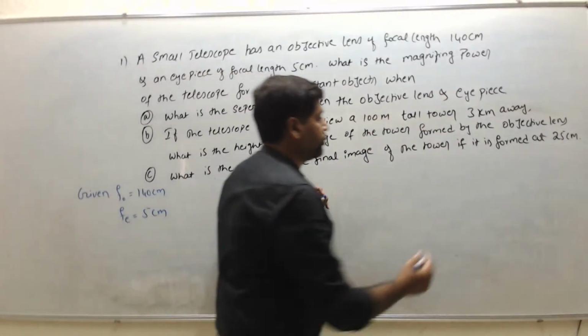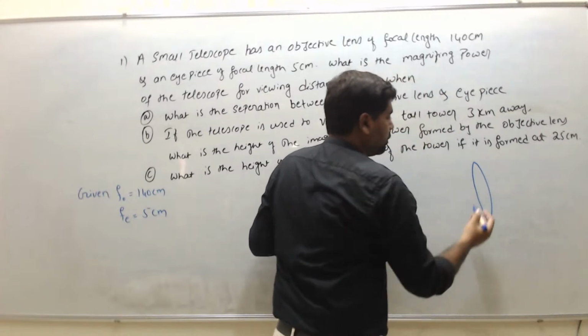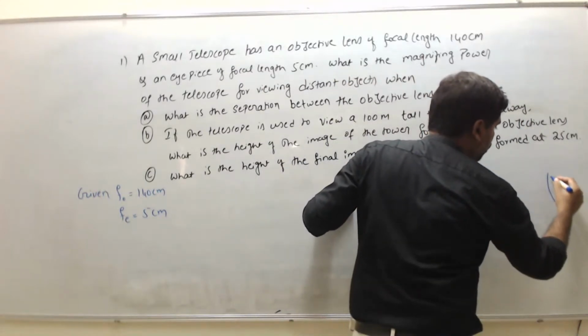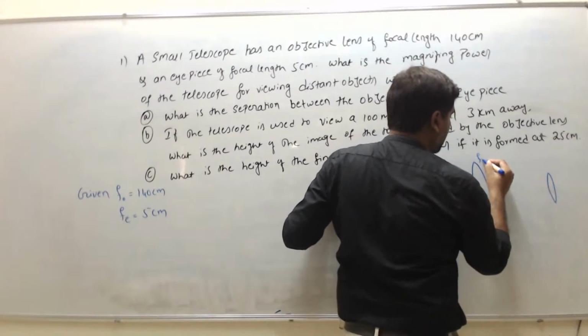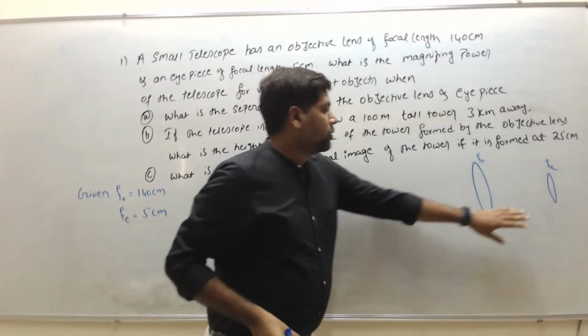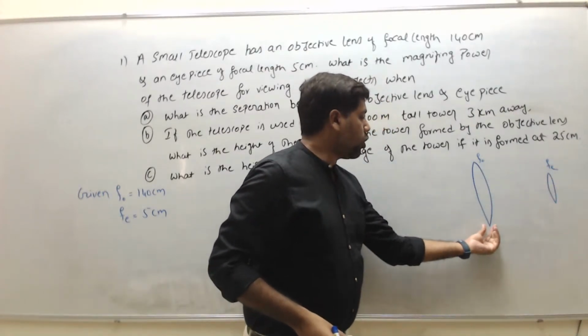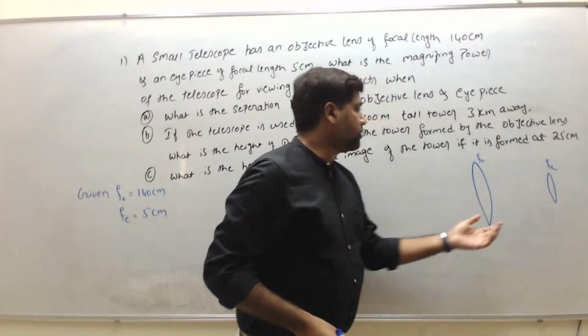For the telescope we have two lenses. One is the objective, and the lens which we use towards the eye is the eyepiece.